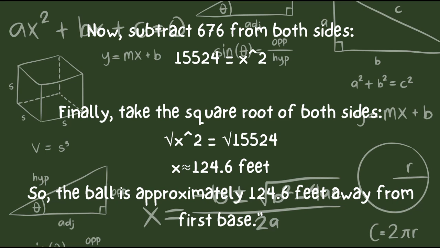So the square root of x squared equals the square root of 15,524, and we get x equals 124.6 feet. So the ball is approximately 124.6 feet away from first base. So that is all.